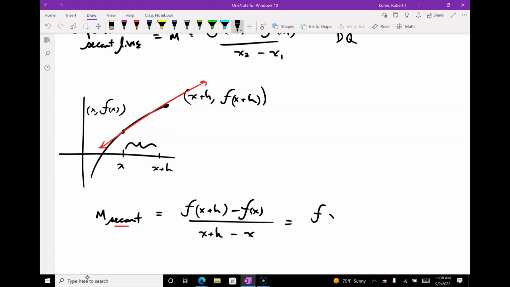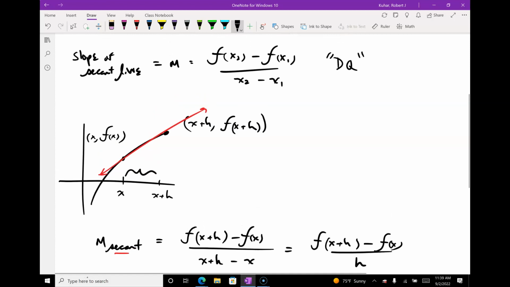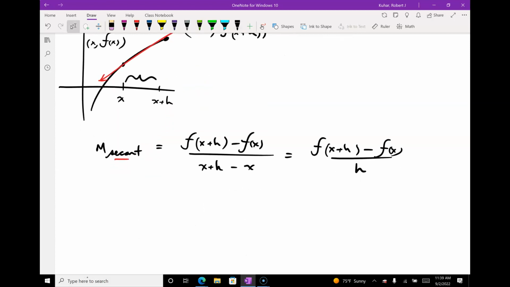Just h, yeah. So this is now the slope of the secant line with an x value known and an h value known.